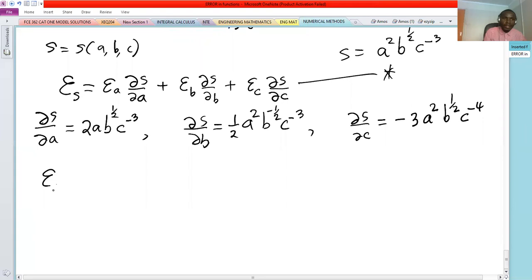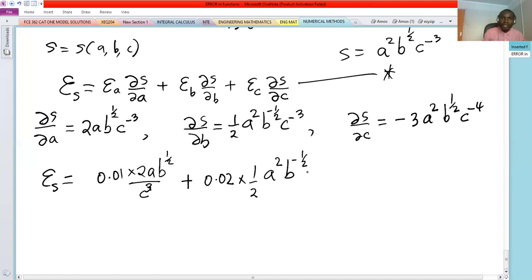So replacing these values, we'll have error in S will be given by now error in A, 0.01, times partial S partial A, we have times 2A B power a half over C power 3, plus error in B, 0.02, times a half and then A squared B power negative a half over C power 3, and then plus, minus 0.03 times 3 A squared B power half over C power 4.